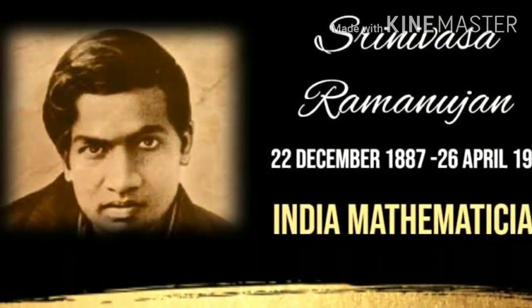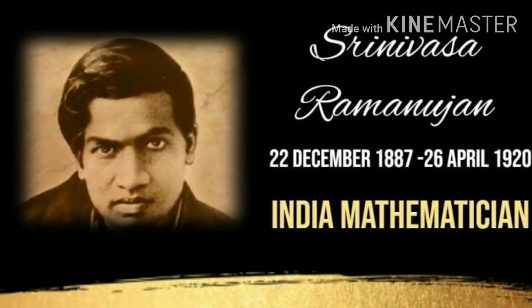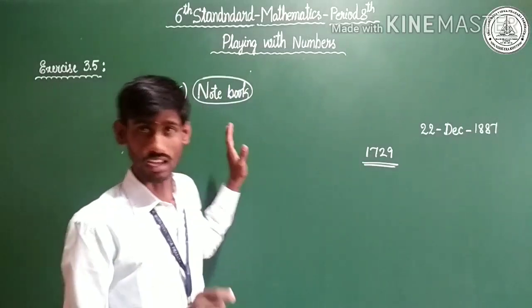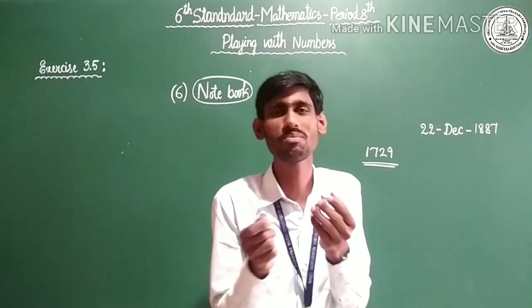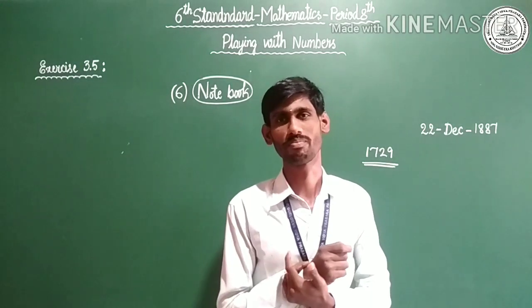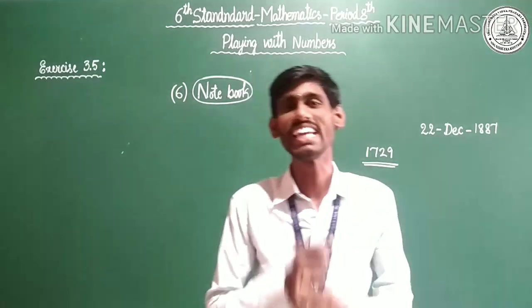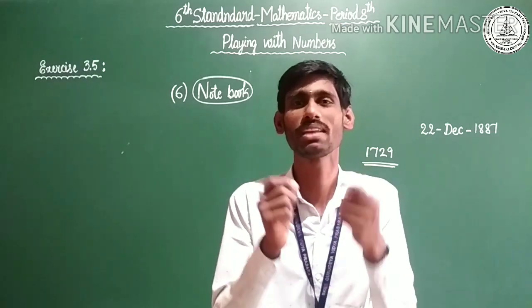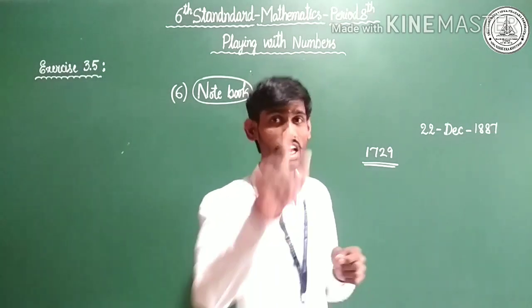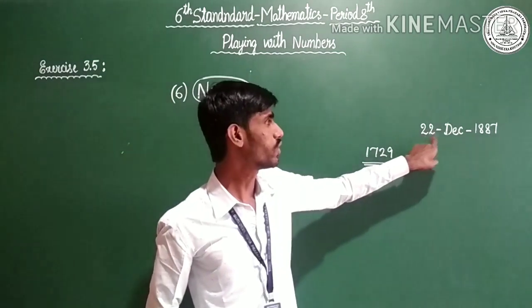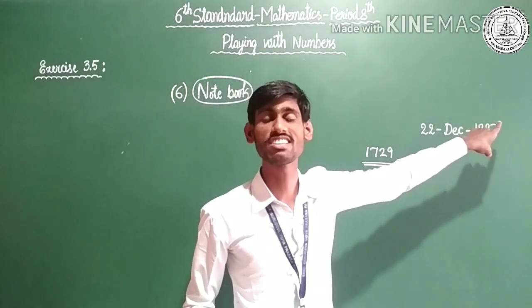Who is Ramanujan? Dear children, Ramanujan is a very famous great Indian mathematician. It is behind the textbook. Let us move on later. I want to give you some important points about our Indian mathematician. Dear Chotu, Ramanujan is a great Indian famous mathematician. He was born on 22 December 1887.